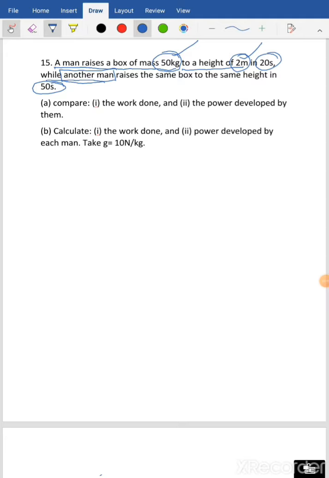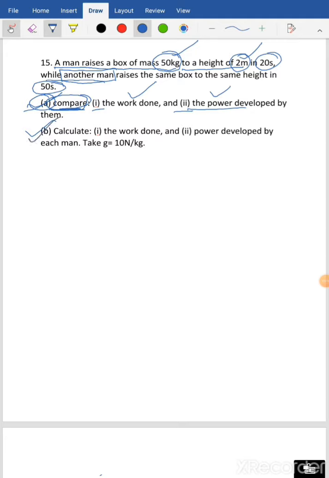All right, then here number A, there are two questions, A and B. Number A says compare. So when we say compare, again we are asked to find the ratio of the work done by the first man to the second man and the power developed by the first man to the second man. So in both question number 1 and number 2 of subpart A, we are asked to find the ratio between the two persons.